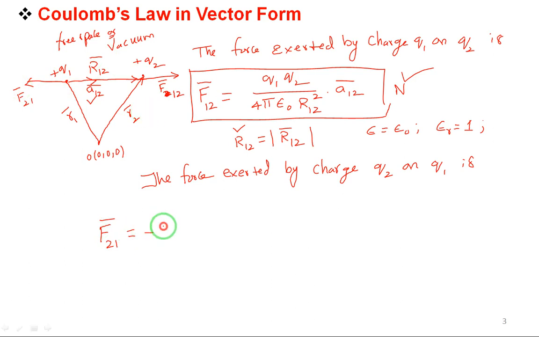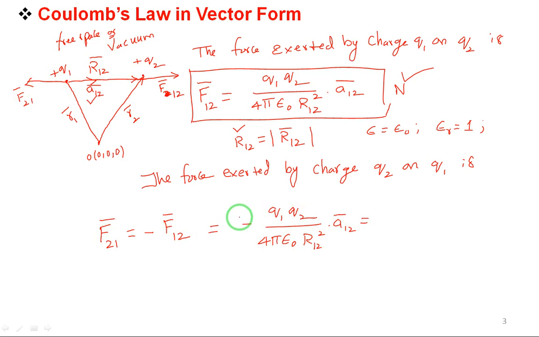Then this is equal to the force F12 or F21. Both are one and the same, but they are in opposite direction. So minus of F12 I can write. Minus of F12. So already I have F12. So minus of Q1 Q2 by 4 pi epsilon naught R12 square into A12.